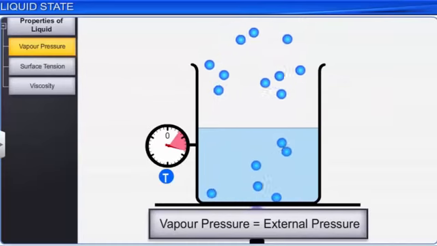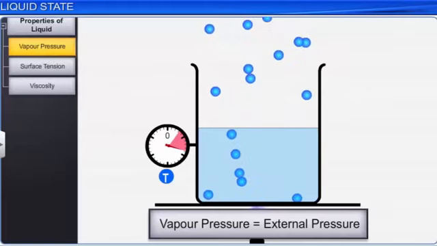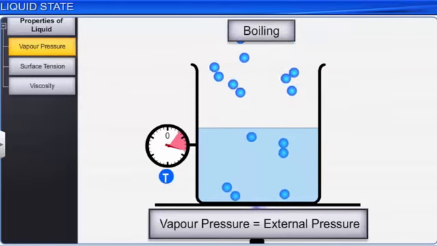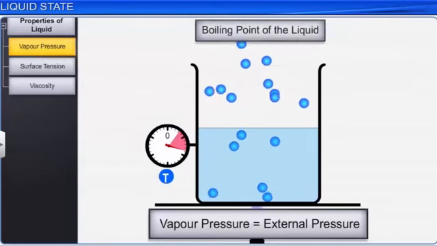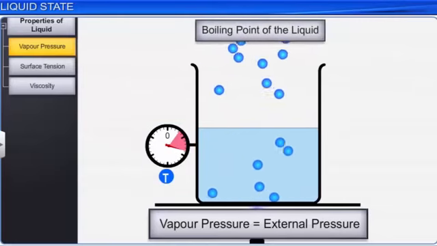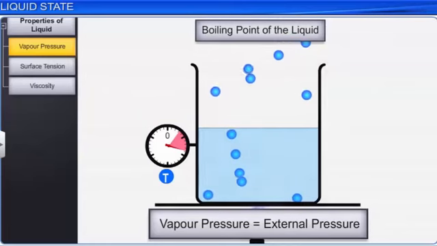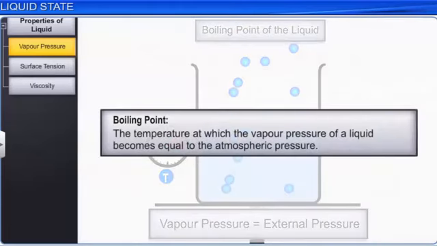This stage is called boiling, and the temperature at which boiling takes place is called the boiling point of that liquid. Hence, boiling point may be defined as the temperature at which the vapor pressure of a liquid becomes equal to the atmospheric pressure.